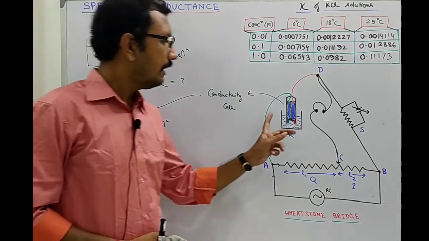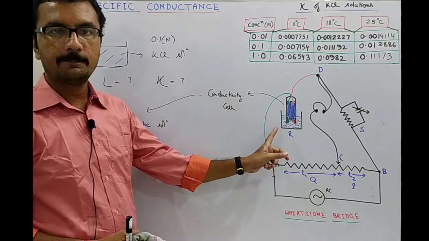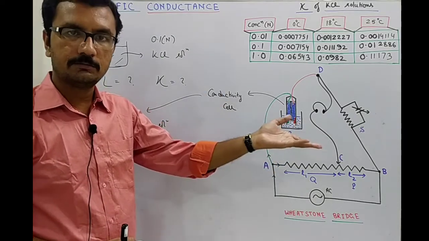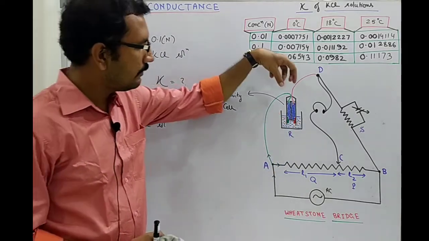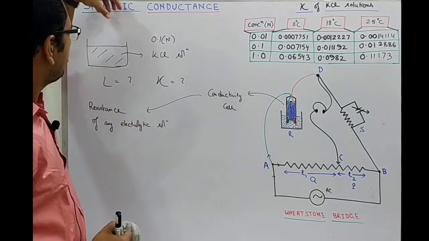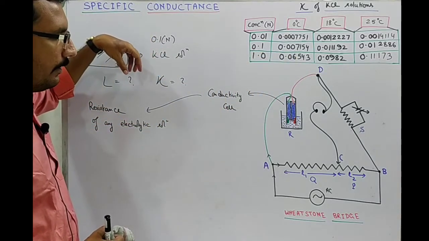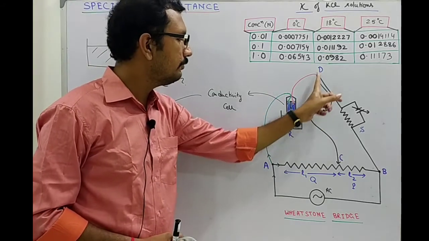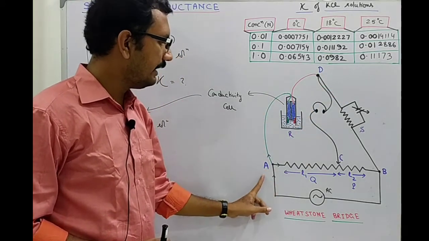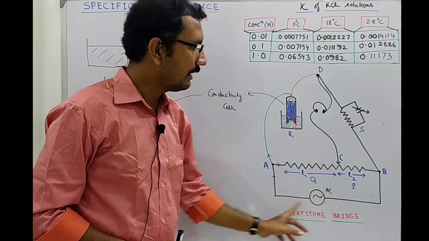You need a conductivity cell to answer him or her. You put this conductivity cell into the electrolytic solution and connect the two ends to D and A in this circuit.